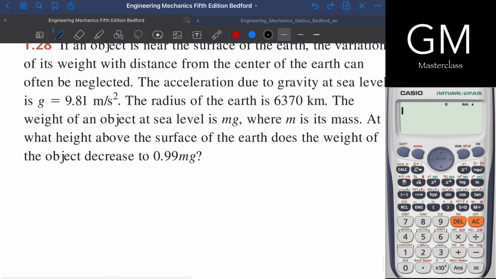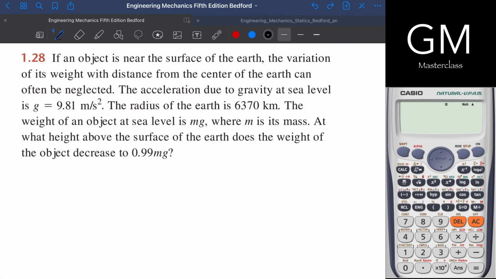Alright, now then, I'm going to write down the information that the problem is giving me. We are talking about International System units, so g is 9.81 meters per square second. The radius of the Earth is equal to 6,370 kilometers.